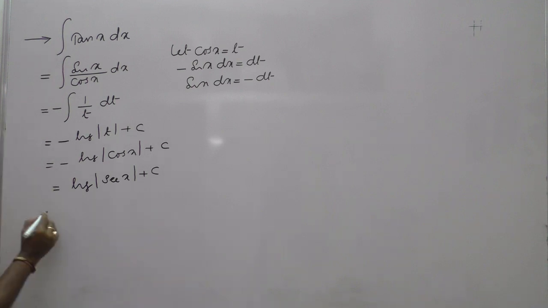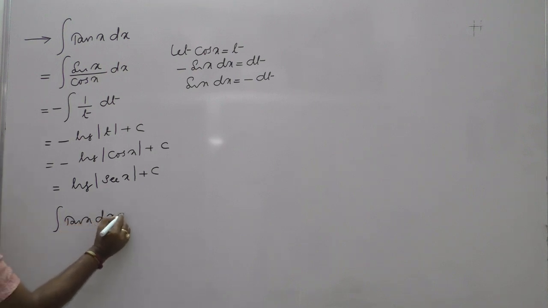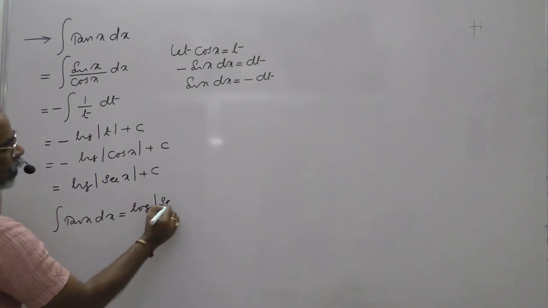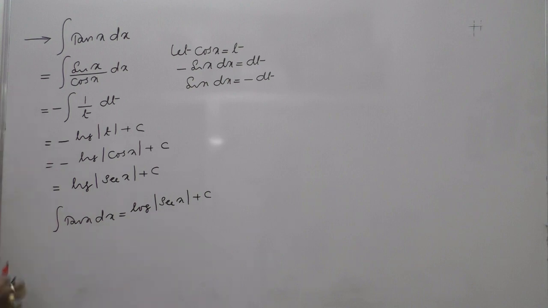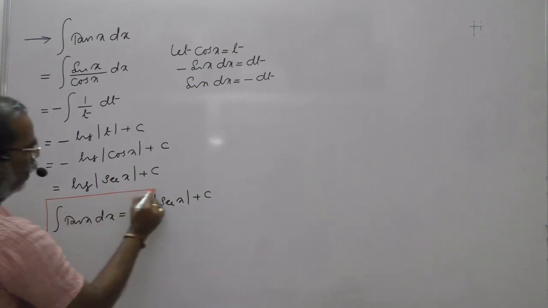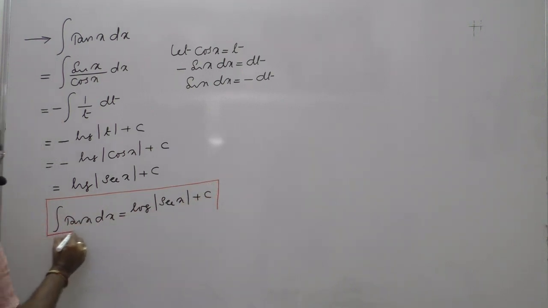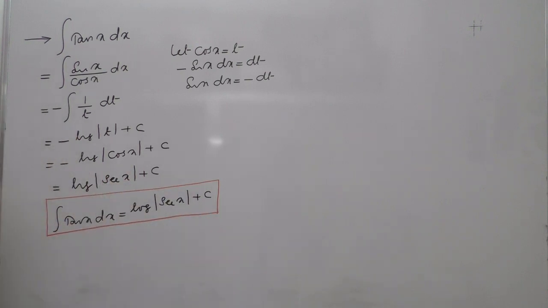Therefore, the integral of tan x dx is log of mod sec x plus c. This is the formula for the integral of tan x. This should be added to the list.